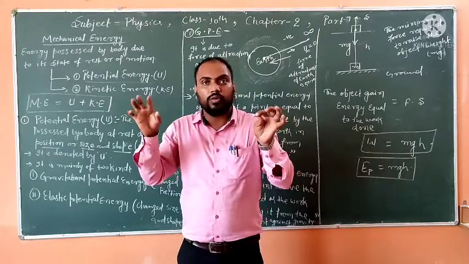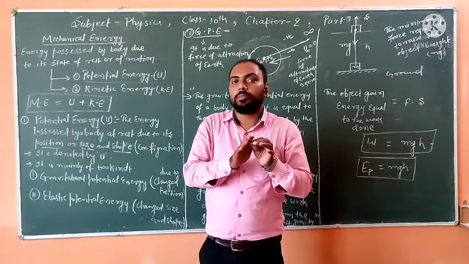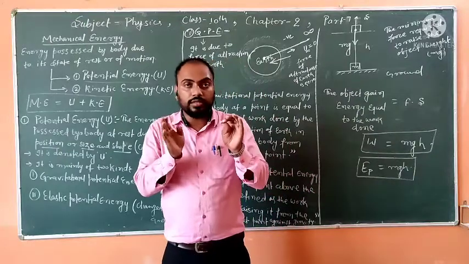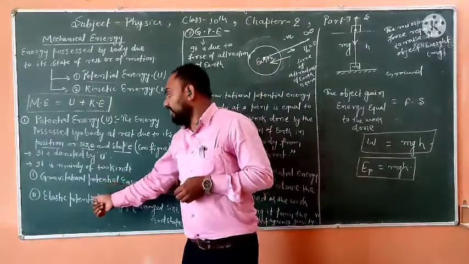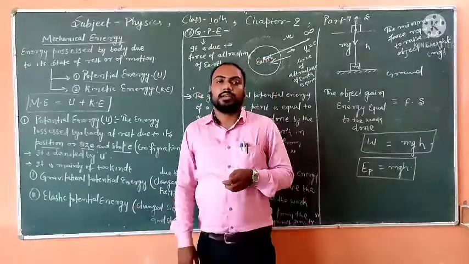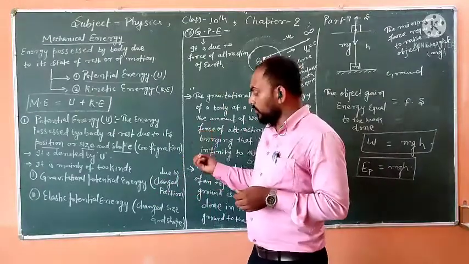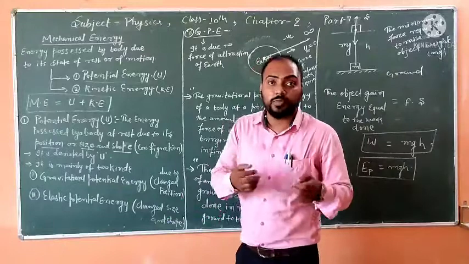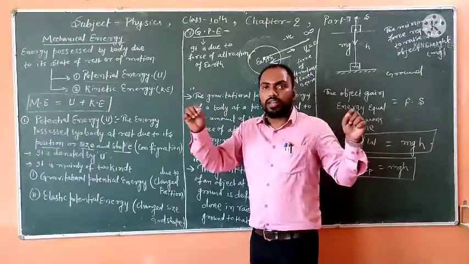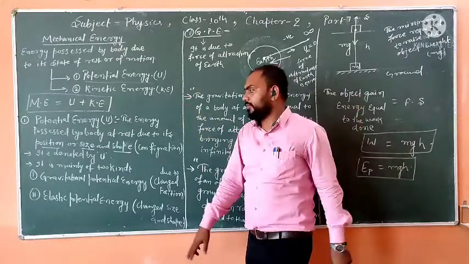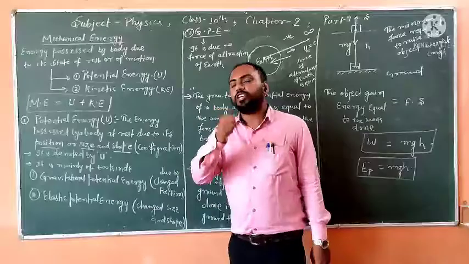Beyond this limit it will never come back to its original configuration or shape. That coming back to its original shape is only because of elastic potential energy, which you can simply feel in a spring. If you compress it or enlarge it, you will feel there is elastic potential energy in the spring, also called spring potential.